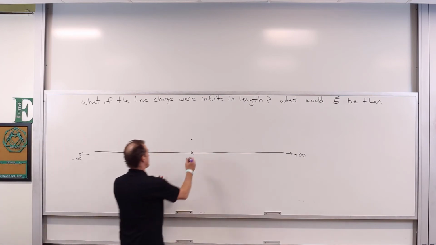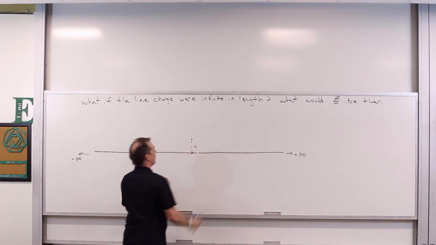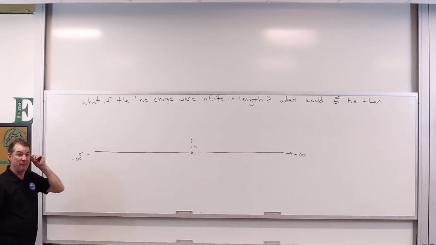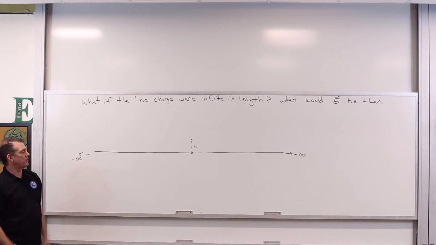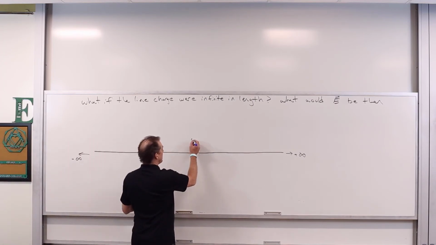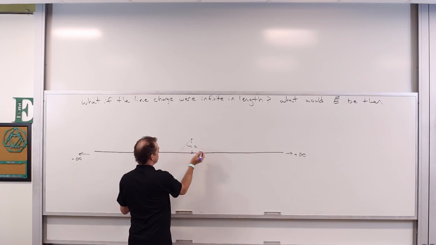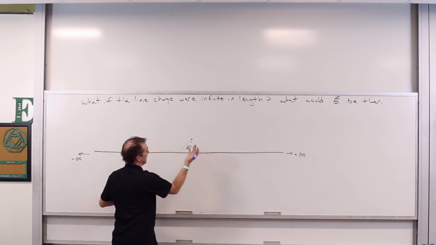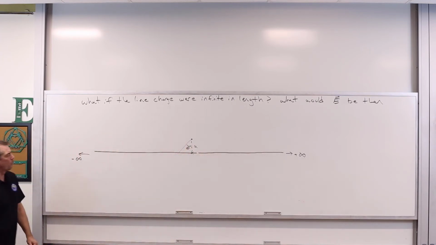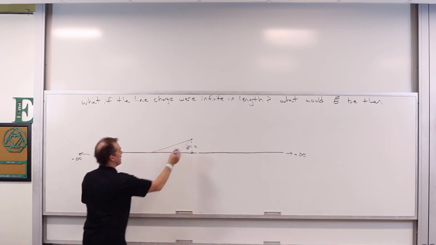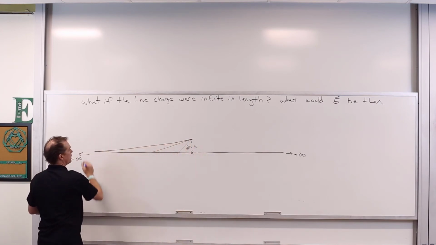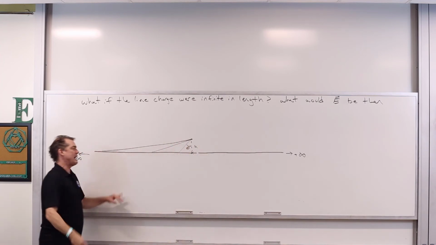So we're some short distance a away from this infinite line charge. What angles do the ends make with respect to that point? Well, when we're really close, the angles made are fairly small. There we've got theta, that looks like it's about 40 degrees or something. And then we get farther away, that angle gets bigger. Now I've got something around 60 degrees. And then we come over here, we've got something that's more like 80, 85 degrees.